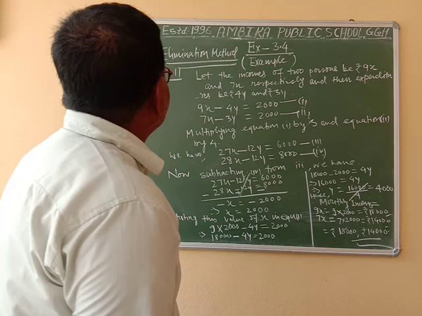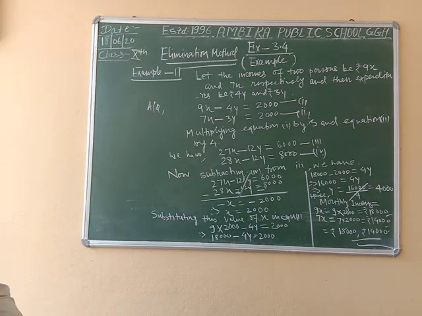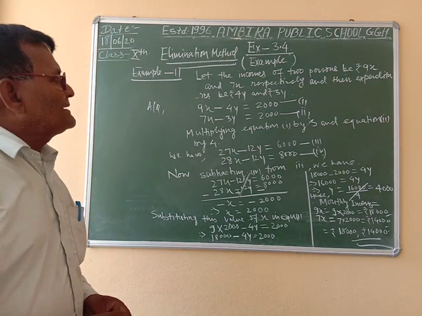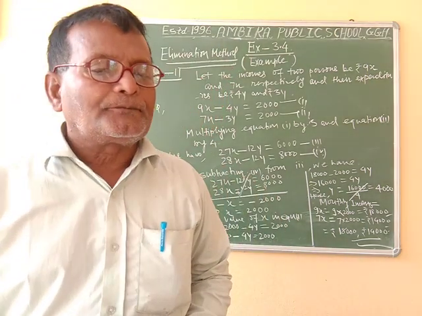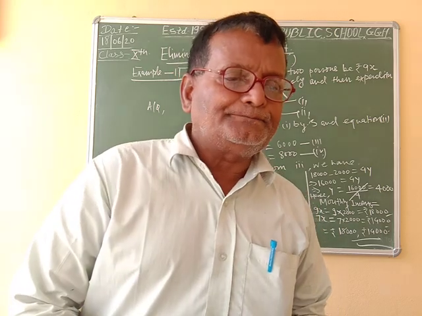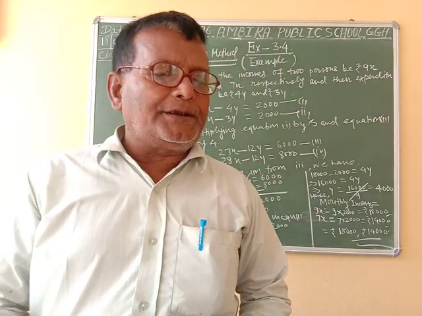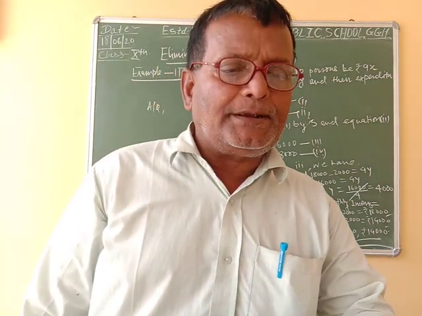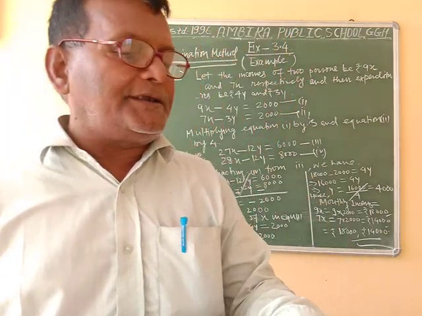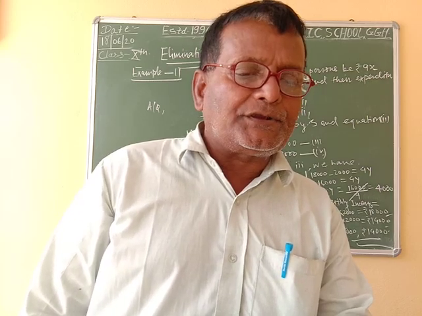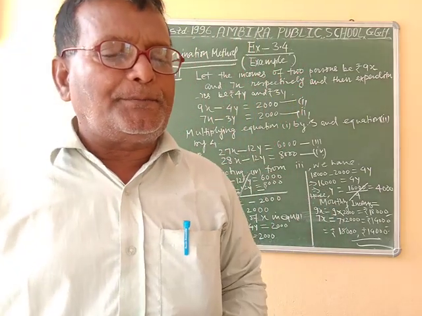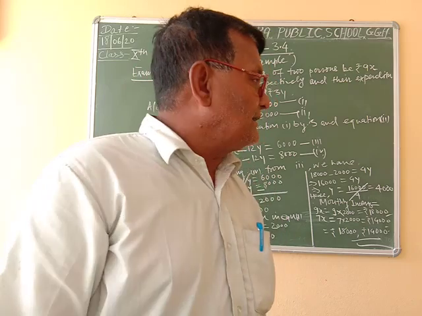Again, I am going to clarify. Two persons have incomes in the ratio 9:7, and the ratio of their expenditures is 4:3. If each of them manages to save rupees 2,000 per month, find their monthly income.